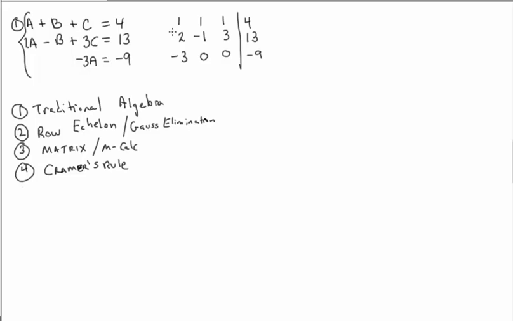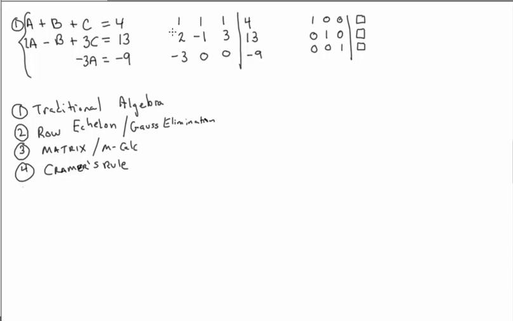The ultimate goal in this is to have something that looks like this: 1, 0, 0 going down, 0, 1, 0, 0, 0, 1, and then you have new values here, and these new values will be your solutions to A, B, and C respectively.